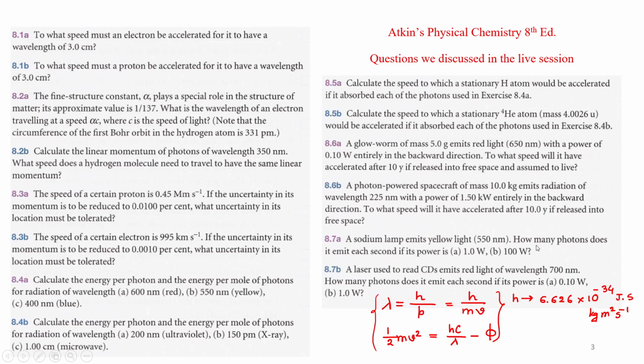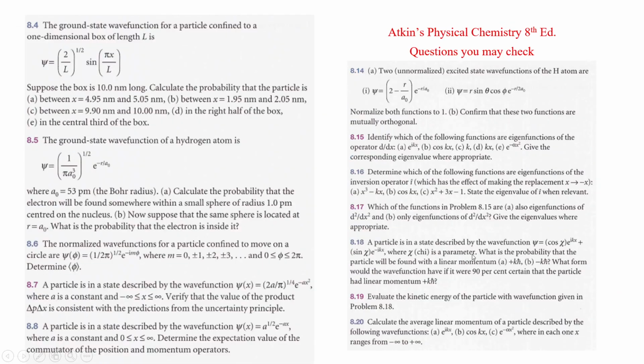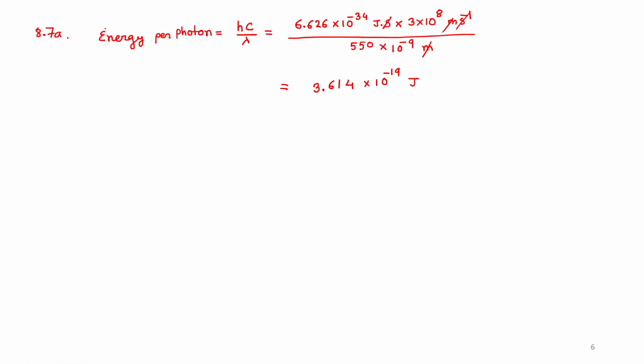So how many photons does it emit in each second if the power is 1 watt? What do you mean by power 1 watt? Power is work done per second. So 1 watt means it is emitting 1 joule per second.